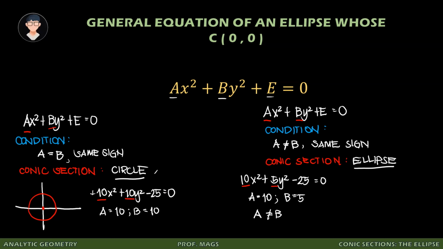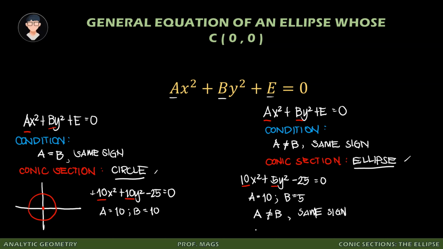Hindi naman sila equal kasi ito ay 10, ito namang B ay equal sa 5, we will form an ellipse. At syempre, dapat you should consider the sign also. So the value of A is positive, the value of B is also positive. So we can say they have the same sign. And the conic section that we are going to form is an ellipse.